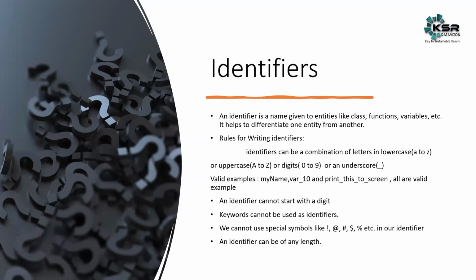Right? Now, any questions, guys? Any doubt? Now, let's see. For example, while naming a child, what is the process? The naming ceremony. Do your parents follow any rules? Yes or no?